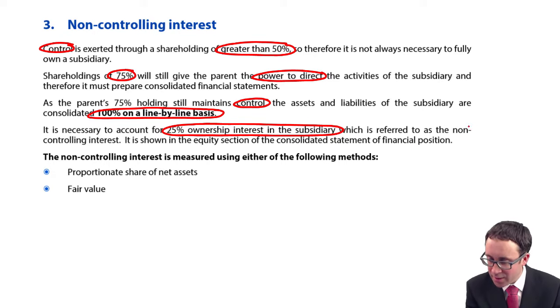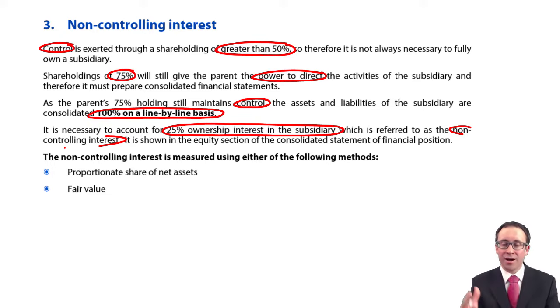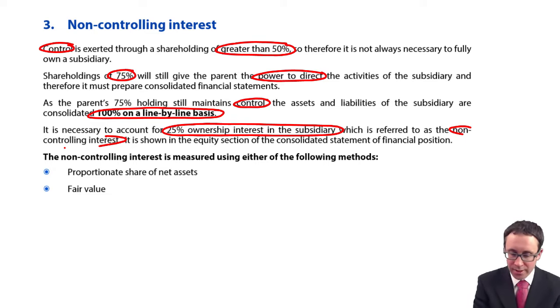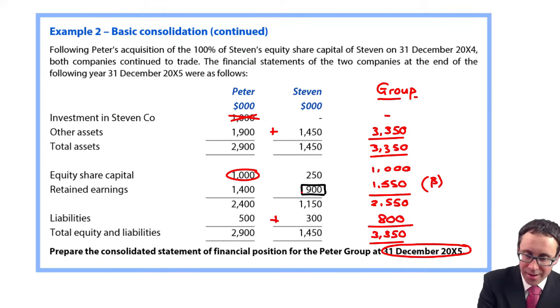And that 25% interest is referred to as the NCI, the non-controlling interest, NCI for short. And what we go through and do is, if we go back to the example that we saw before, here in terms of the assets and the liabilities, that shows control.